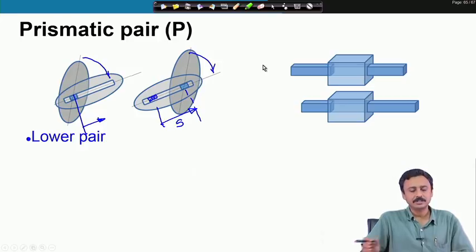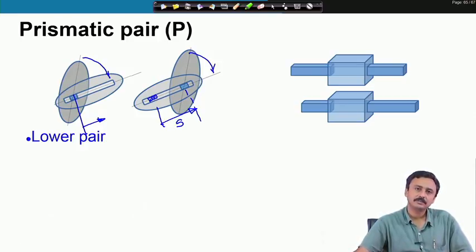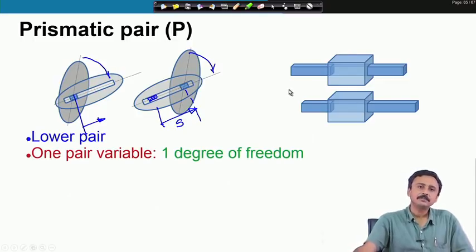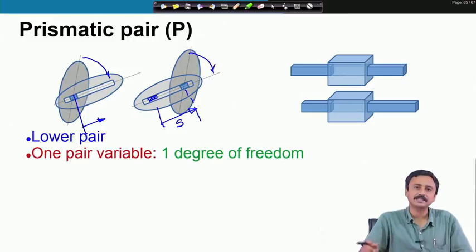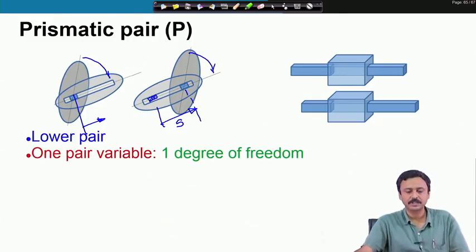Once again, as I have mentioned, a prismatic pair, a P pair, is a lower kinematic pair because it has area contact. It has again one pair variable, so it has got 1 degree of freedom. Here the pair variable is S, what I have shown you in this figure.